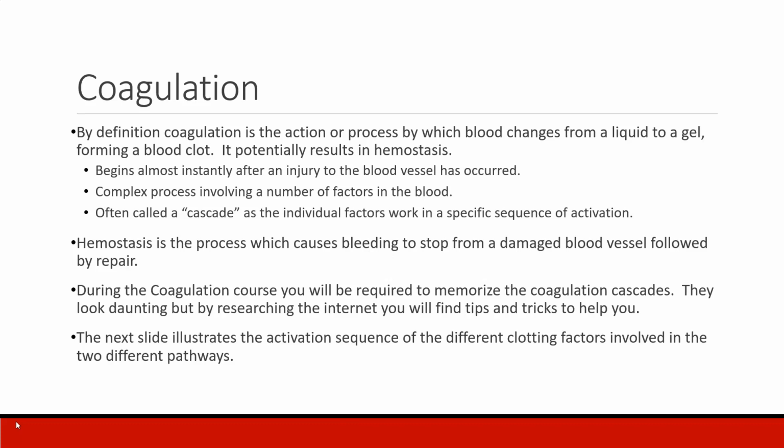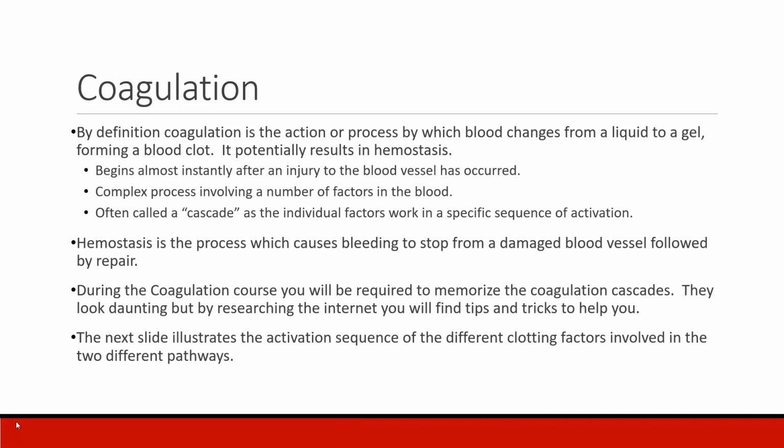This begins almost instantly after an injury to the blood vessel has occurred. You have this alarm system that when that is breached, let's say you cut yourself with a pair of scissors. Well, immediately this will signal a complex process that involves a number of different coagulation factors in your blood.